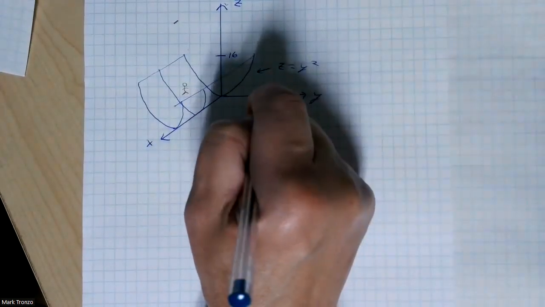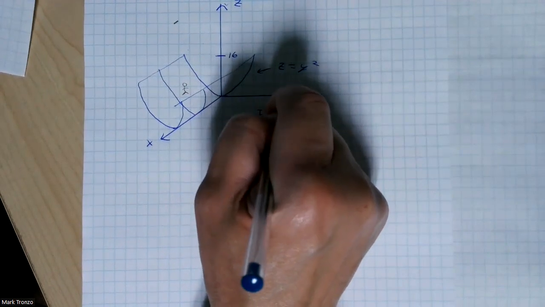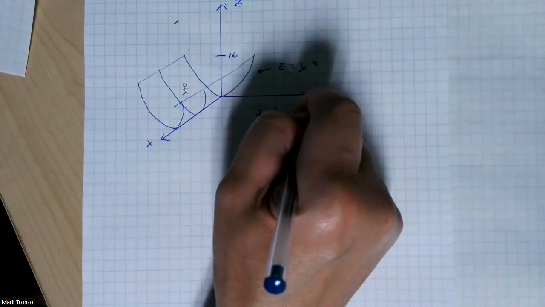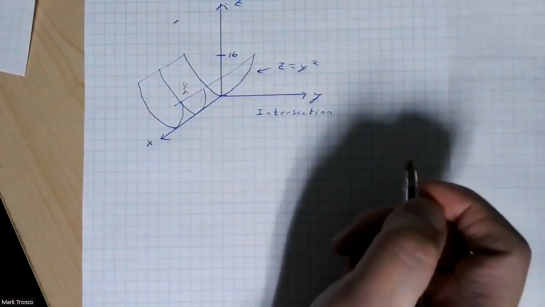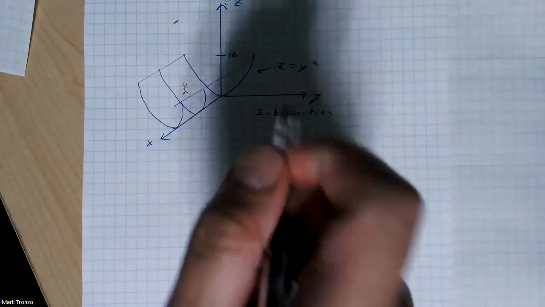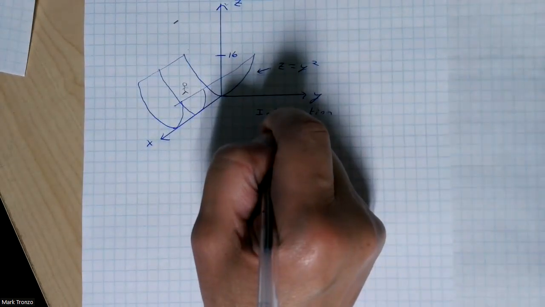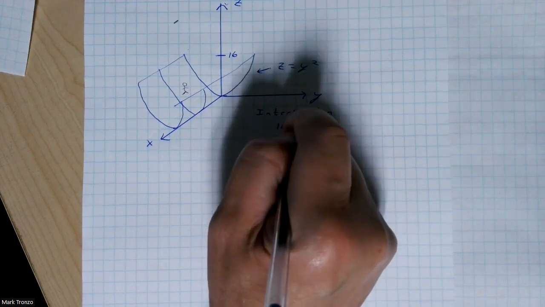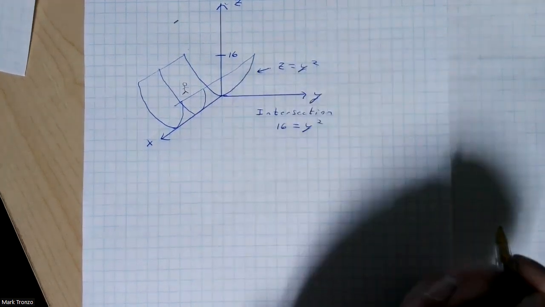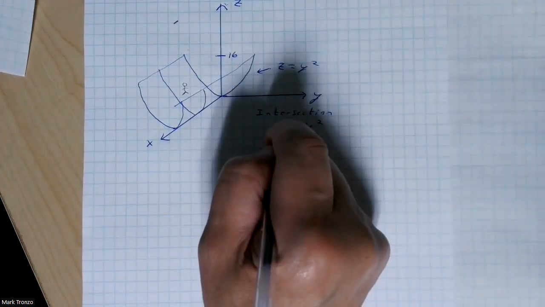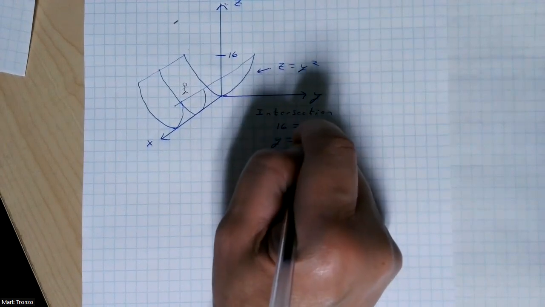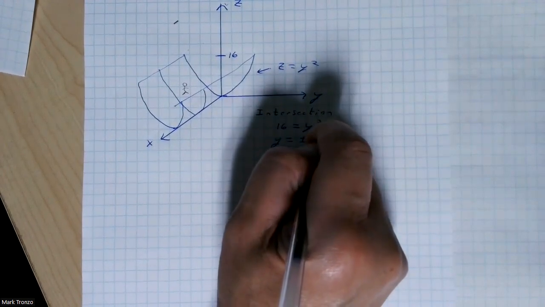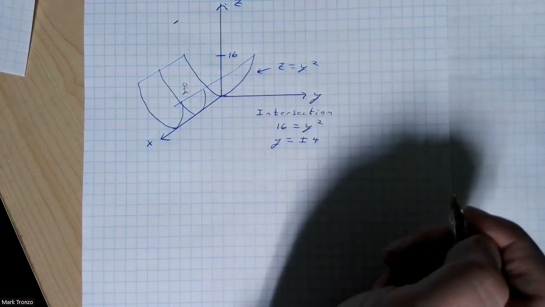So we're going to need the intersection of those two. When we put z equals 16 in here and take the square root of both sides, we get y equals plus or minus 4.